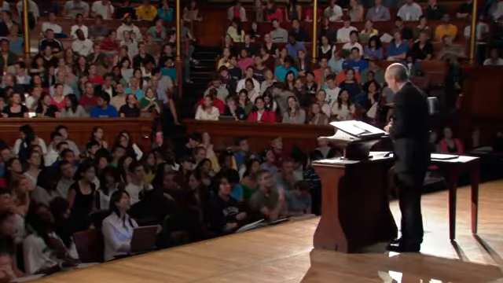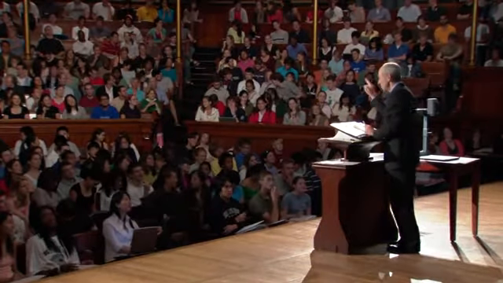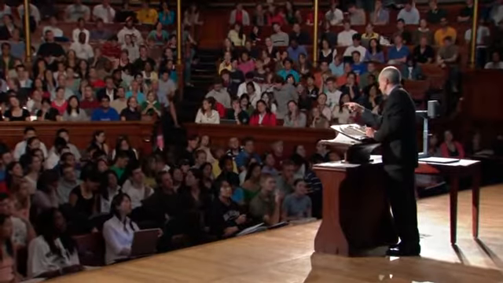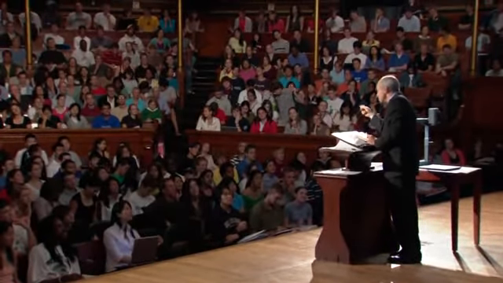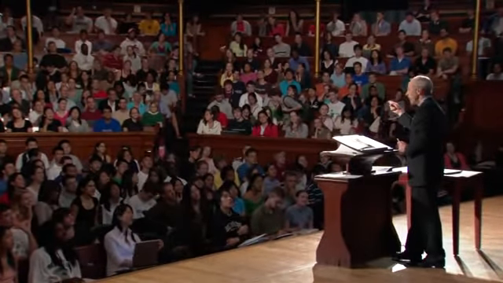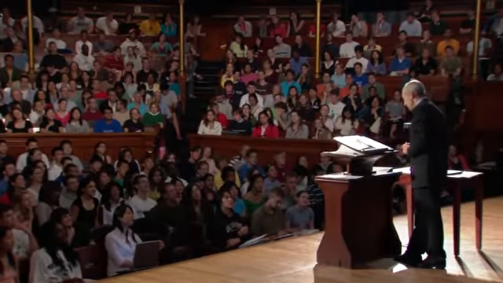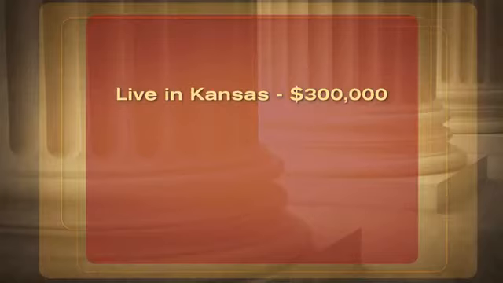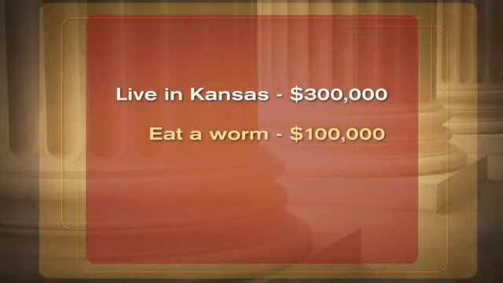What do you think was the next most expensive? Not the cat. Not the tooth. Not the toe. The worm. People said you'd have to pay them $100,000 to eat the worm.